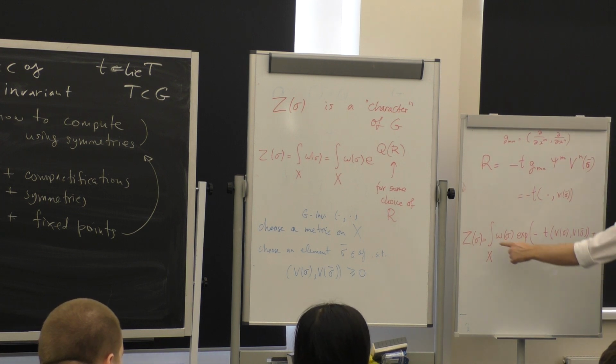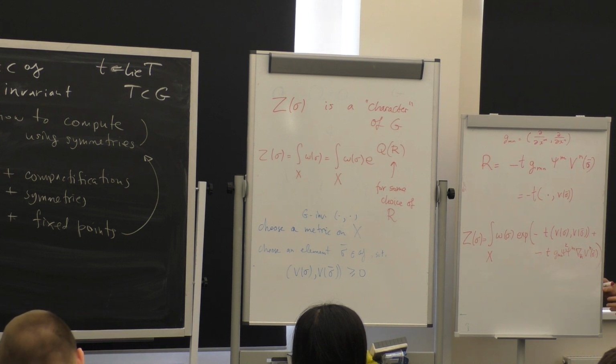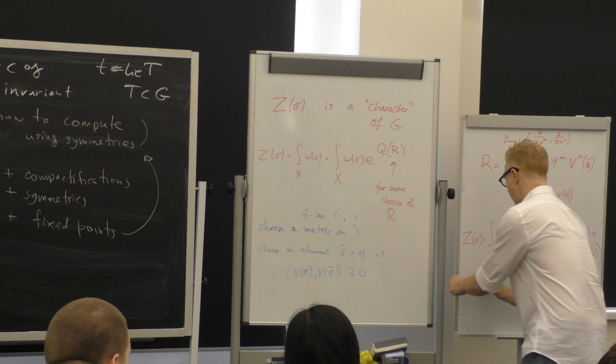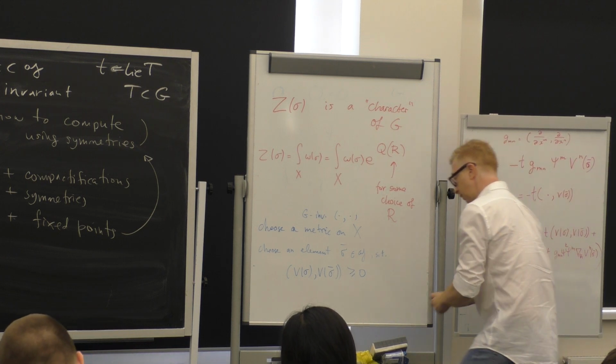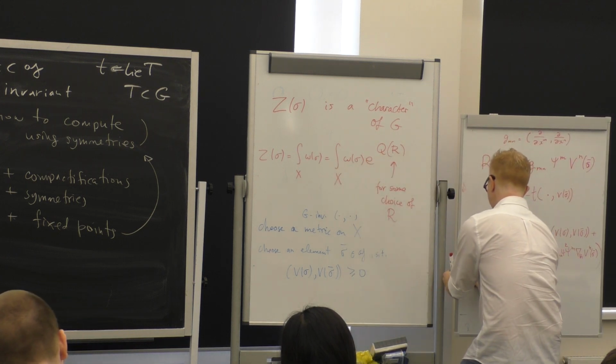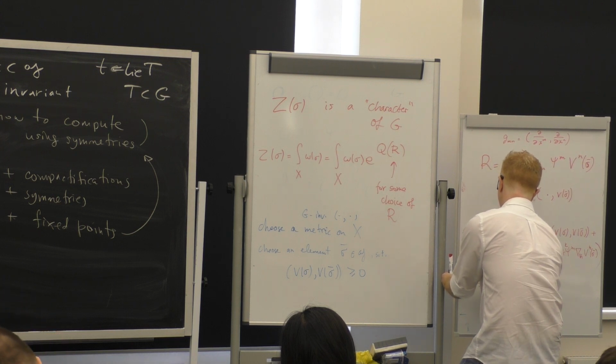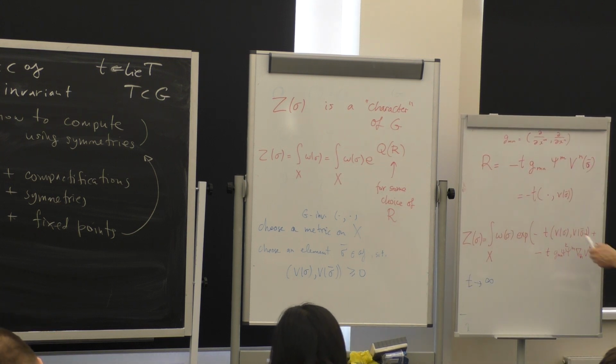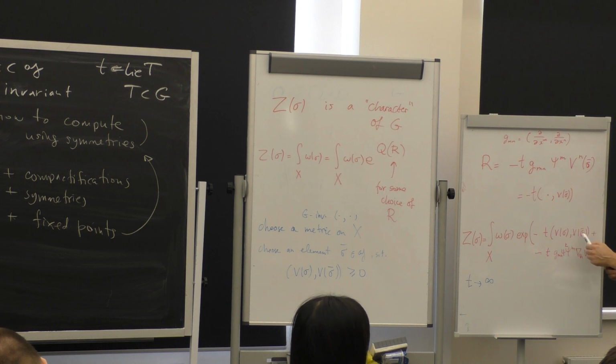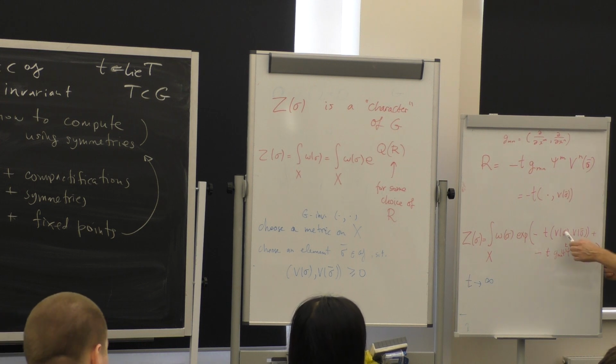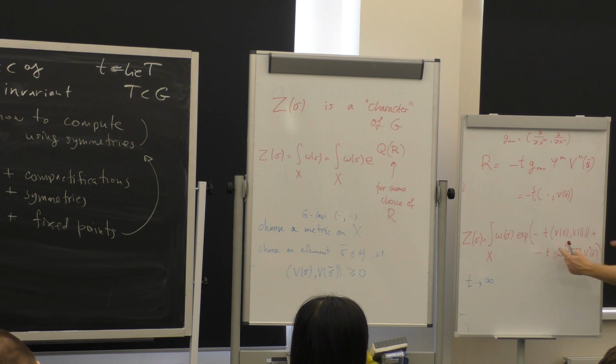Now, the beautiful thing here is that the left-hand side does not depend on t, because t was never there in the first place. So now I can play with the parameter t. If I send t to infinity, depending on how you choose sigma bar, if you choose sigma bar to be sigma complex conjugate, then this is essentially the norm squared of the vector field v of sigma, multiplied by a very large number.